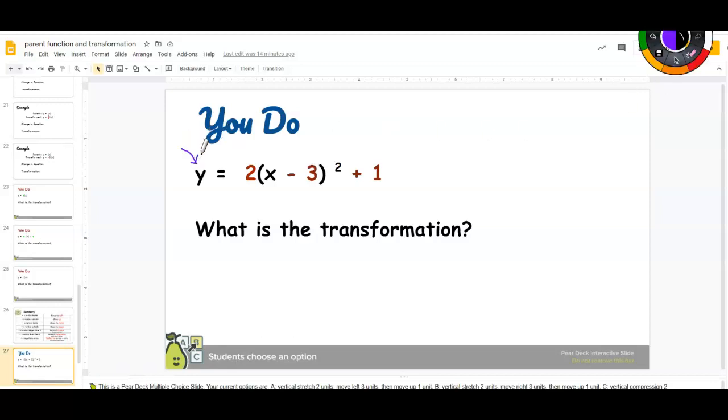So here you have this baby equation, and you have to tell me what the parent equation is. Look at the most basic part in your baby equation. You have x, and the function here is square. So the most basic part is y equals x squared.